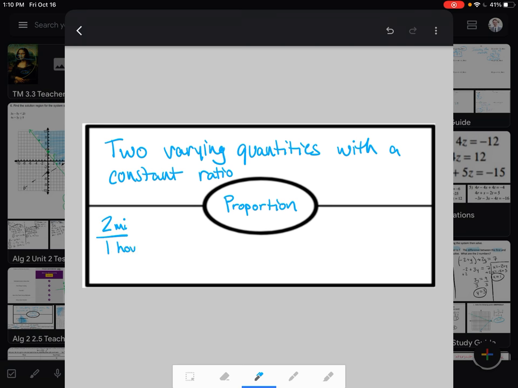If you're going 2 miles per 1 hour, to keep that ratio constant, we'd also go 4 miles, except this time over 2 hours. If we divide both of these, we'll get 2. Maybe we're going really far and we're going 100 miles. Well, if we're keeping that same ratio and we have to divide to get 2, that means we'd have to have 50 hours on the bottom. So there's a level of constancy there. Basically, if you divide it, you'll get the same answer back, the same unit rate that we started off with. That's the idea for proportions.